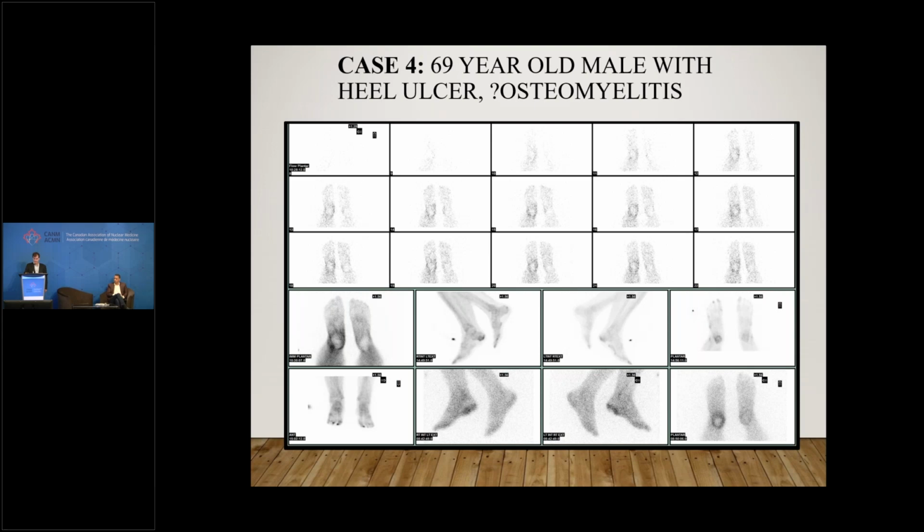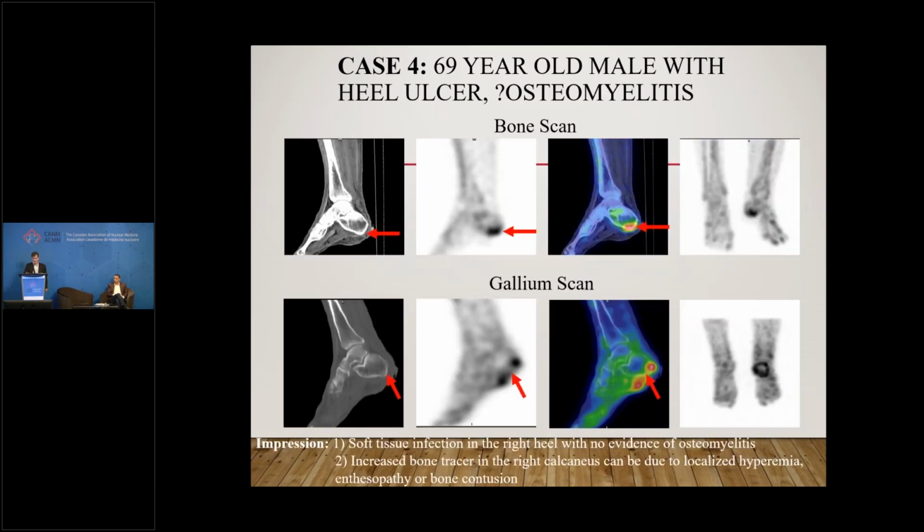We ordered SPECT CT on both the bone scan and the gallium scan, and we see clearly on the bone scan on top and the gallium scan on the bottom that whereas the plantar surface of the calcaneus shows increased bone tracer activity, the gallium activity is confined to the soft tissues.